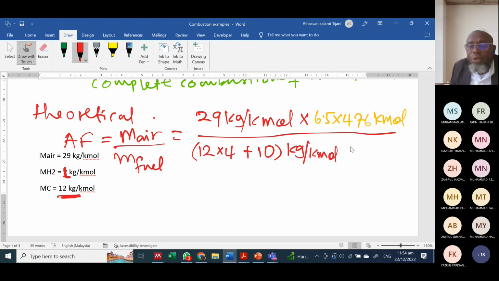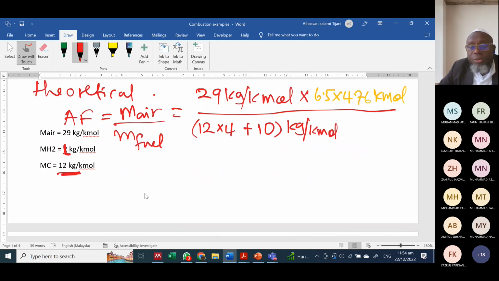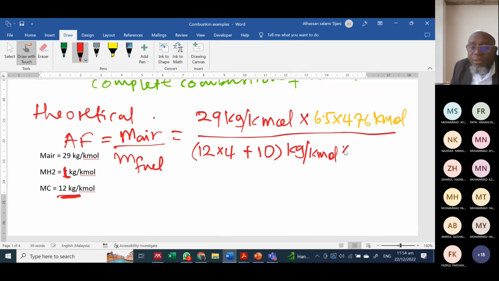Times the total number of moles of the fuel. Here we have 1 kilomole of the fuel.